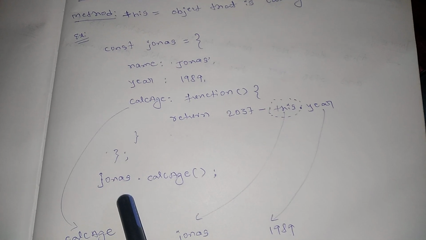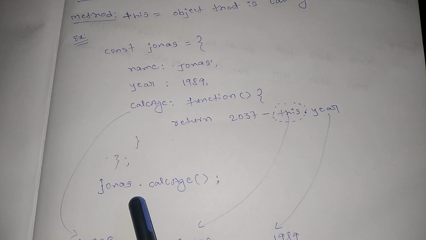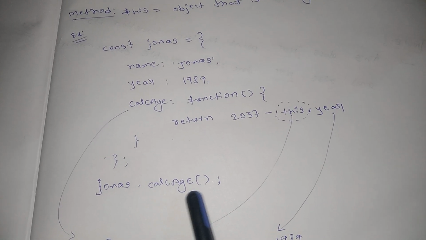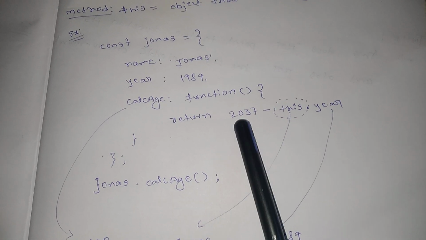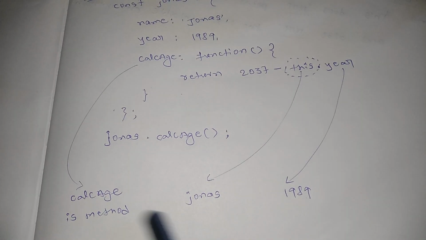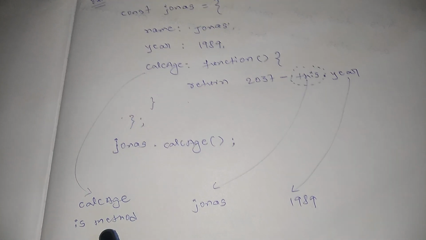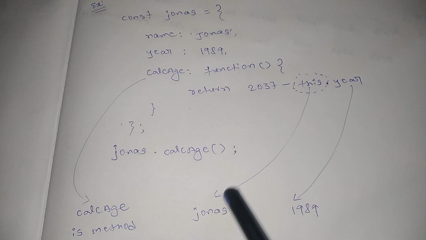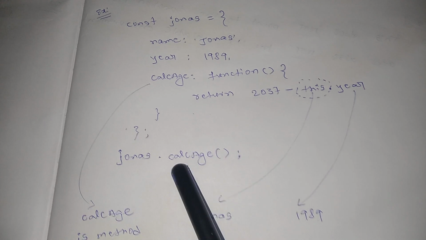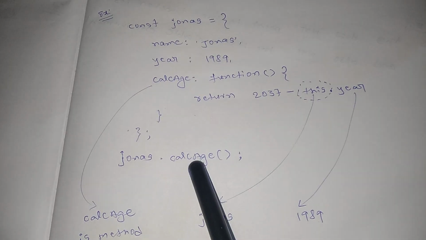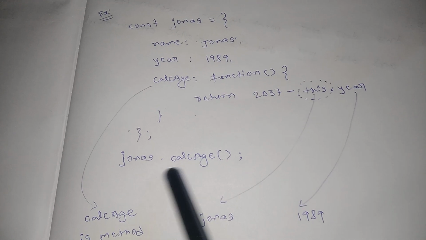and then this Jonas object is closing here. So here we are calling Jonas, and in that we are calling the method called calcAge. We are not passing anything, and here you can see the output. The calcAge is a method, so that's fine, and here this refers to Jonas because the this keyword is written in this method, and calcAge is being called by Jonas.